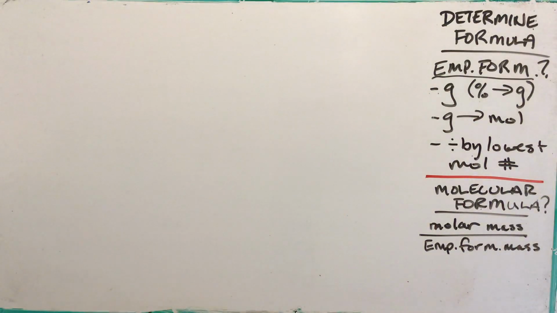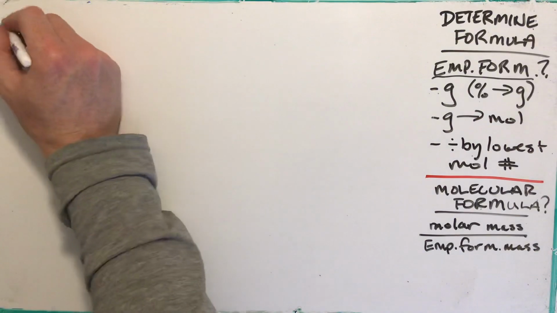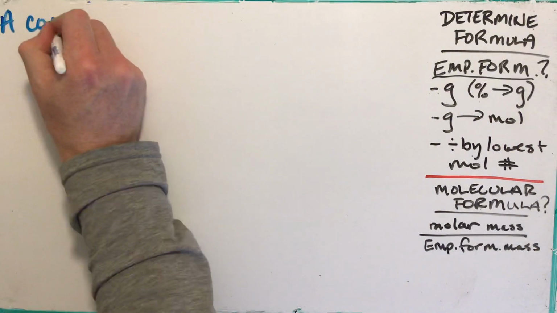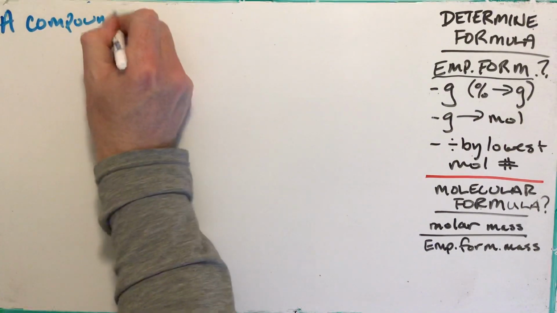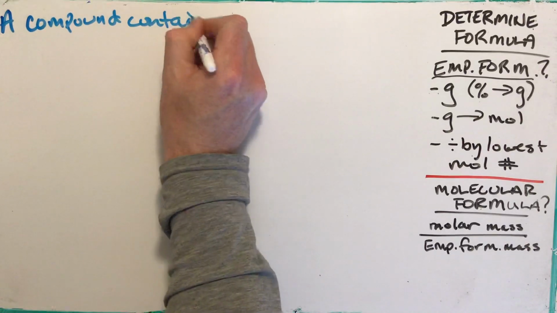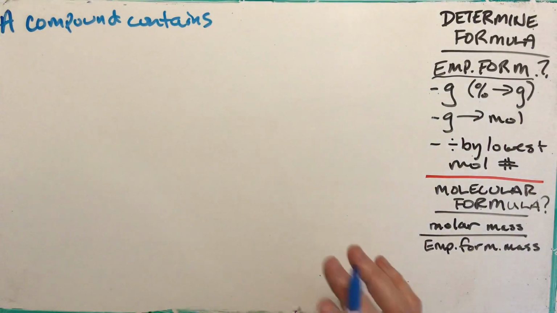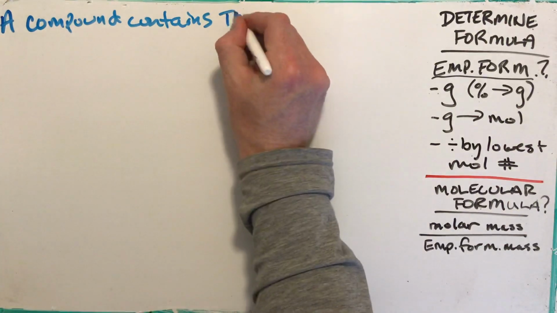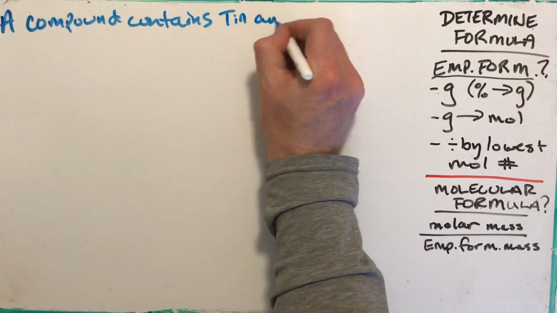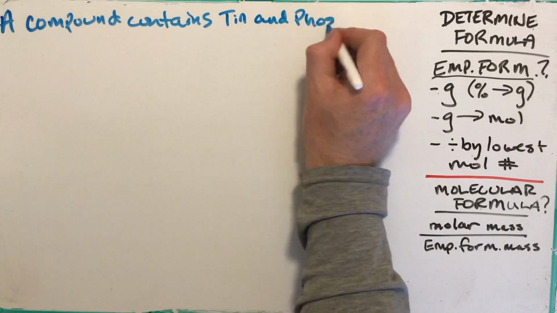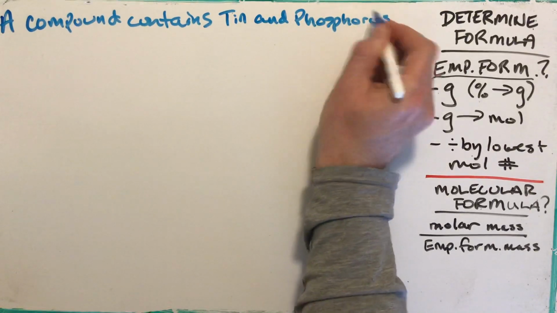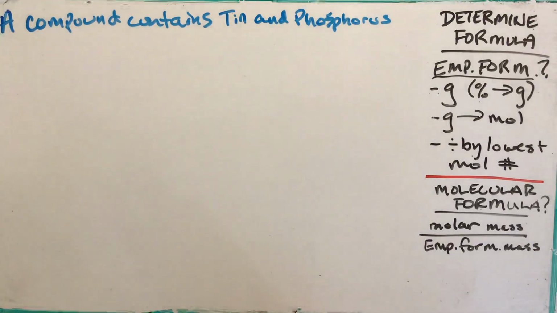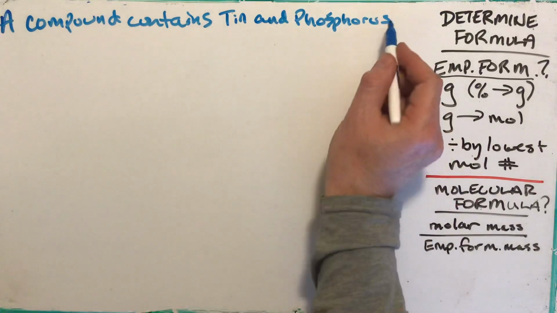All right. So the question is, a compound contains, I'm going to write it down so all the info will be there. This was not on your handout. This is my own question that I just made up. So a compound contains tin and phosphorus.